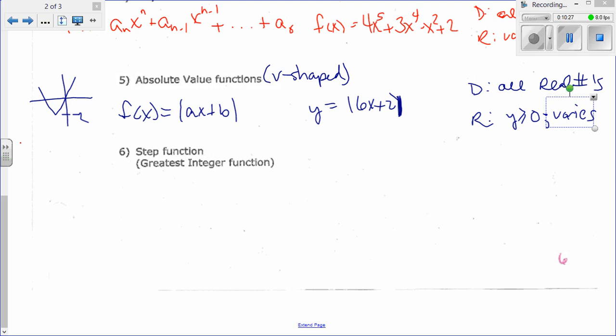All right, the last is a step function or a greatest integer function. This is probably something you've never seen before. This is kind of cool. It's f of x equals a bracket x, or depending on what book you're using, they might have a double bracket. It looks like a double bracket, it's got 2 lines there.